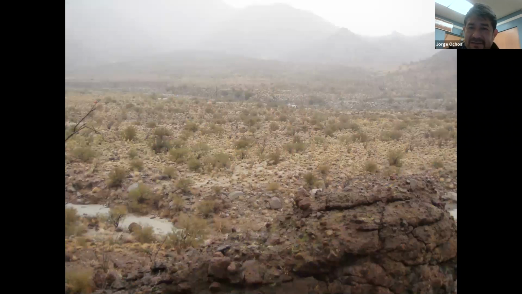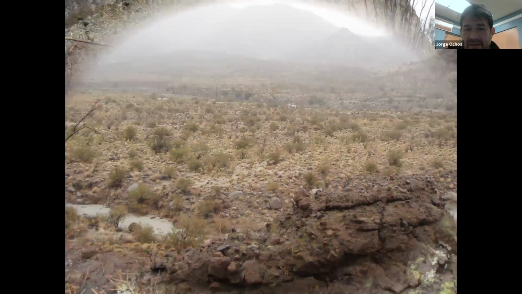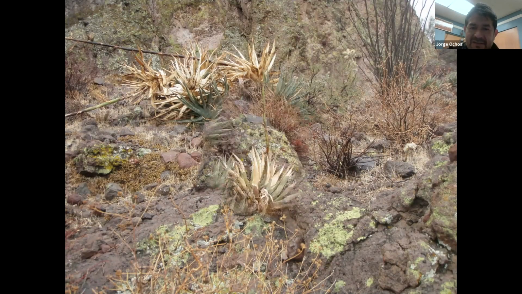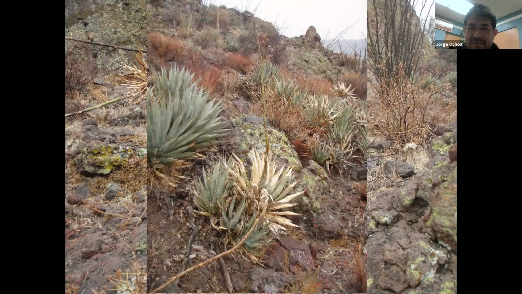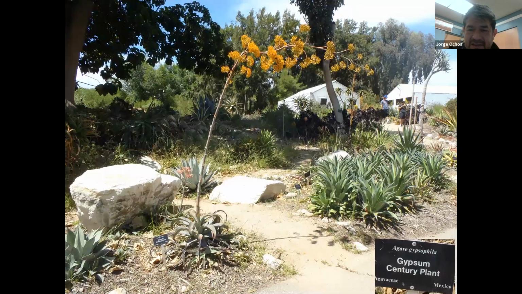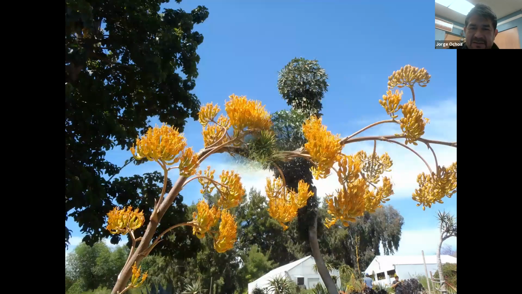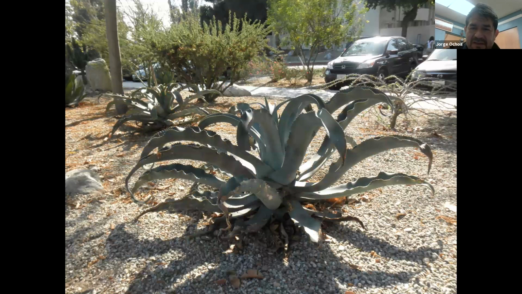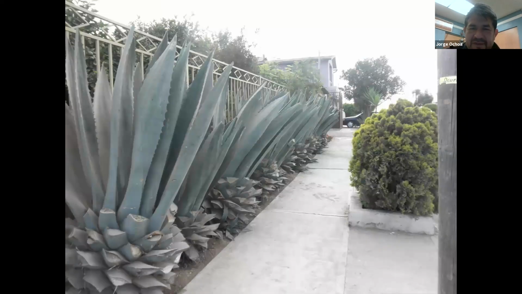And just here in northern Mexico, where we have Agave deserti, the desert agave, just growing on the cliffs. And the gypsum agave from South Coast Botanic Gardens. So here are just the flowers and some of the more grotesque uses. Agave is being used in a very small area.